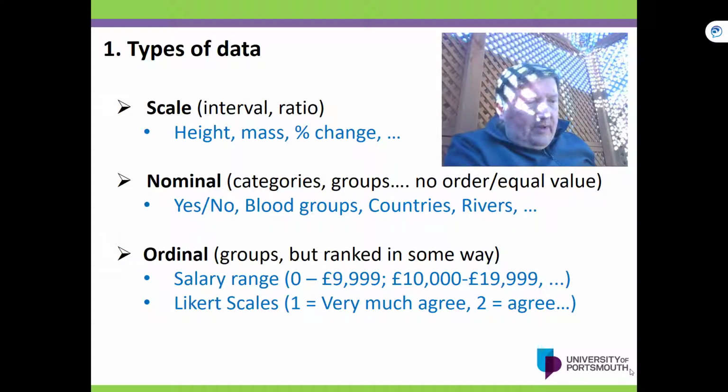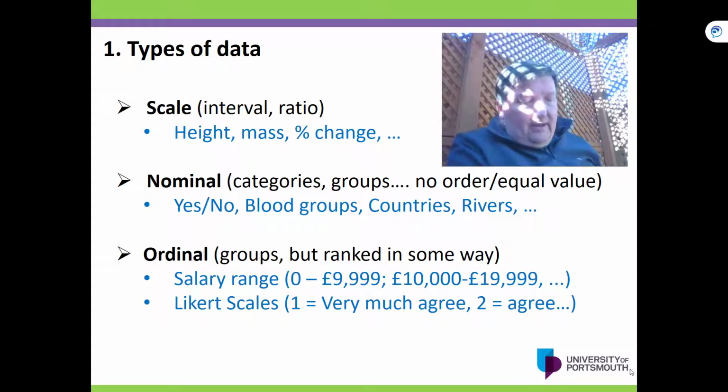I'm sure you've all filled in application forms, etc., where you have to put down what salary range you envisage or you're on at the moment perhaps, and so you'll be ticking a box to say you're in this value here, 1 to 9999, or 10,000 to 19,999, etc. So there's some kind of order to the categories.